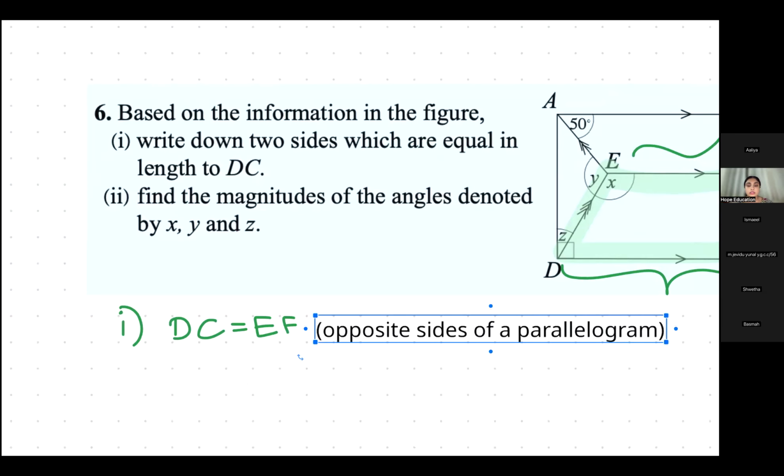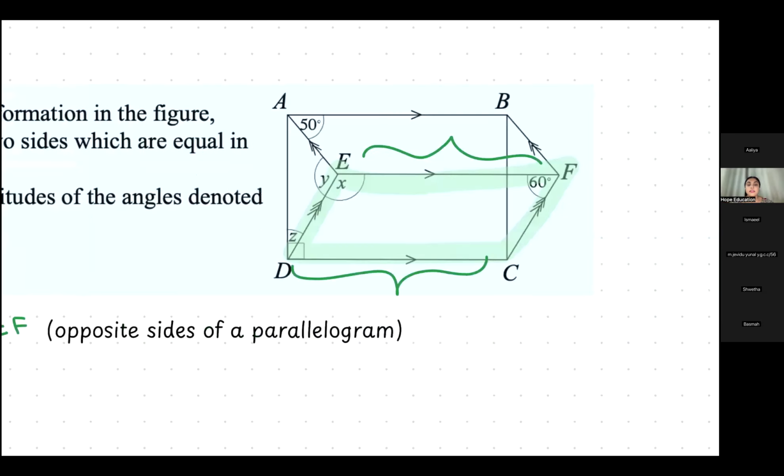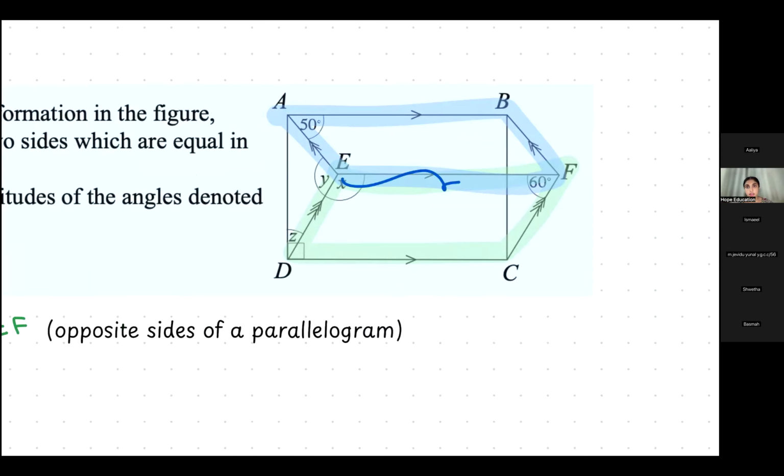Then look at this. This is also a parallelogram. Opposite sides are parallel, so it's a parallelogram. And we know in a parallelogram, opposite sides are equal. Therefore, EF is equal to AB. Right?